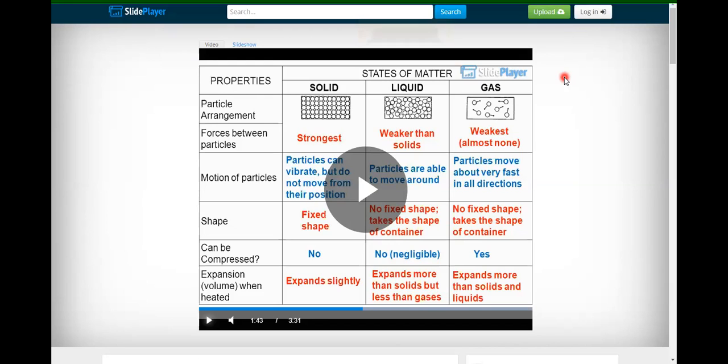When it comes to gas, there is a lot of empty portion in between the molecules. There are a lot of spaces. So what happens is that we can, of course, compress it. The particles would come closer. The spaces would become less and less. And that's how gases can be compressed.